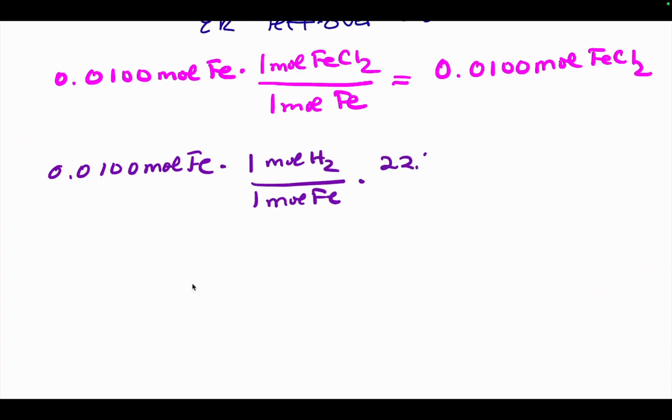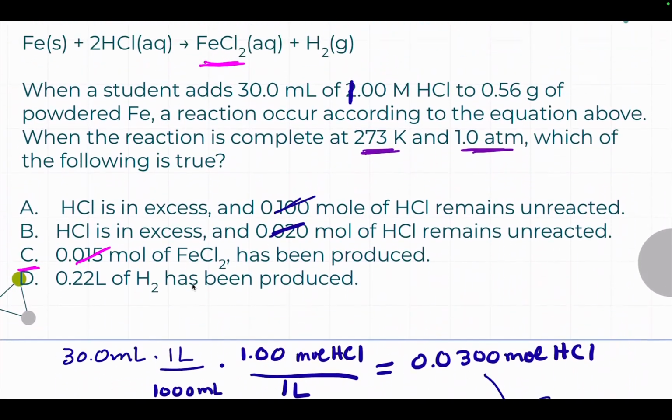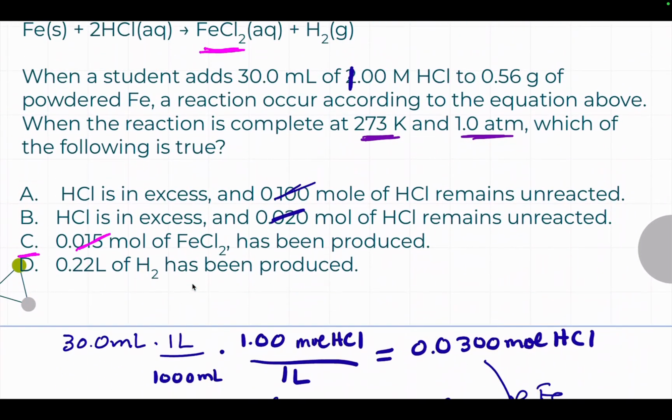Then I'm going to use the molar volume of any gas, including hydrogen, at STP. So when I calculate this, I get 0.224 liters of hydrogen. And you can see in the question that is going to be letter D.